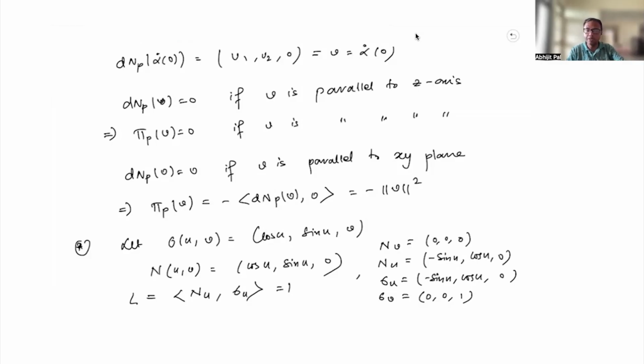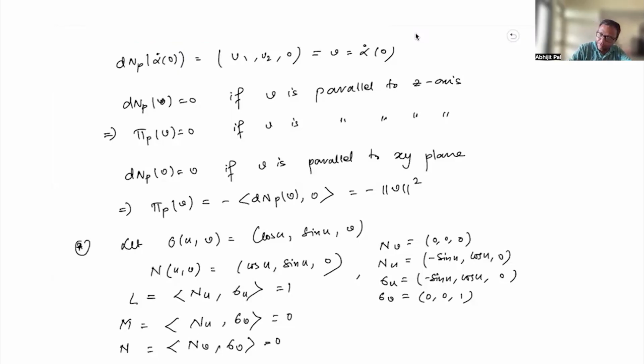So L, the inner product of N_u and sigma_u, will be equal to 1. M is the inner product of N_u with sigma_v, which is equal to 0, and n is the inner product of N_v with sigma_v, which is again equal to 0.